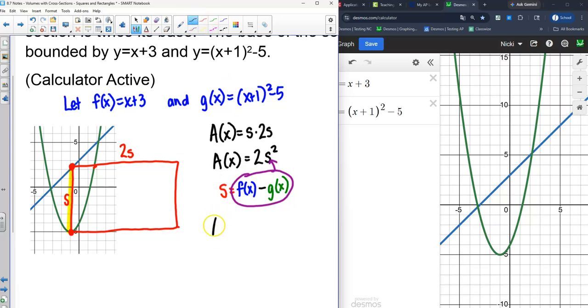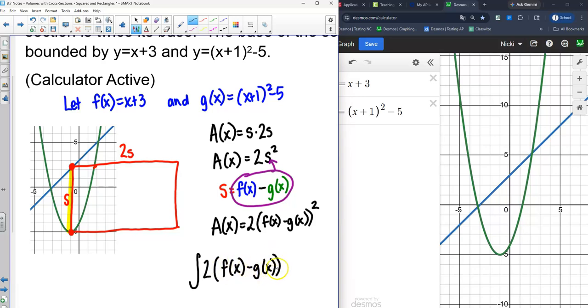So our area formula is 2 times (f of x minus g of x), make sure you close that parentheses, squared. And so that's what we want to integrate: 2 times (f of x minus g of x) squared, with dx on the end.